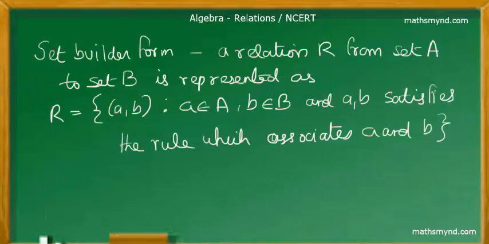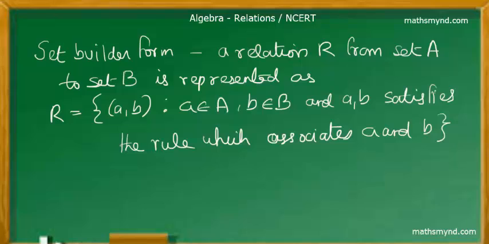Now, what about the set builder form? The set builder form, as it was in the case of dealing with sets, we bring out the specific character or the defining property, and that is how the elements are defined or represented.